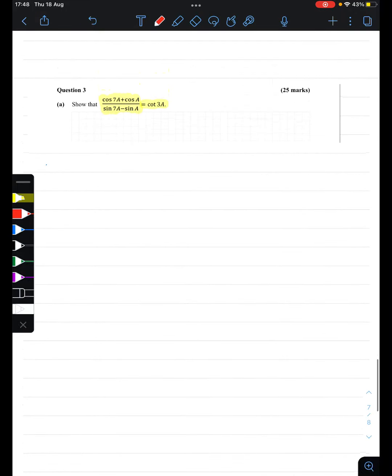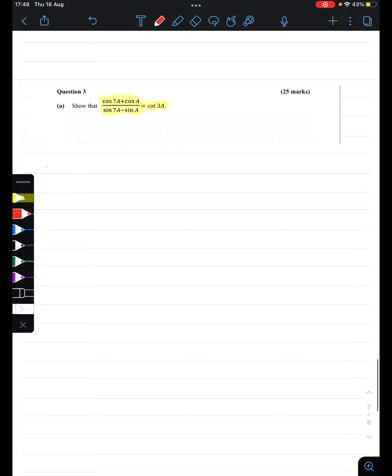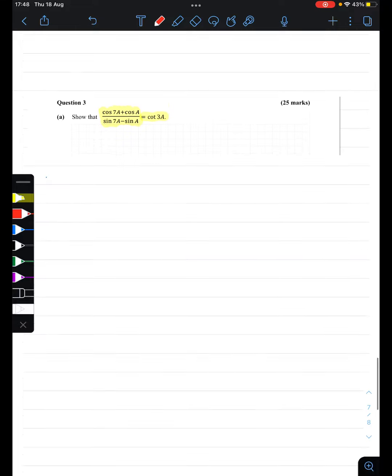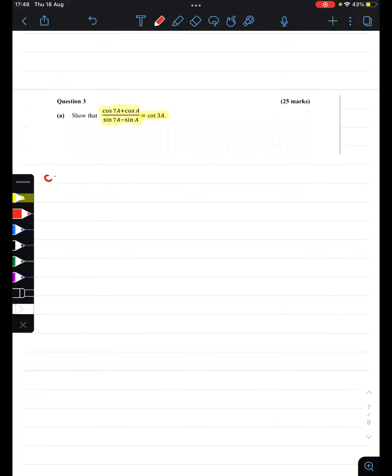So the first thing we want to take a look at is, what is cotan of 3a? Cotan of an angle is defined as cosine of the angle all over sine of the angle.